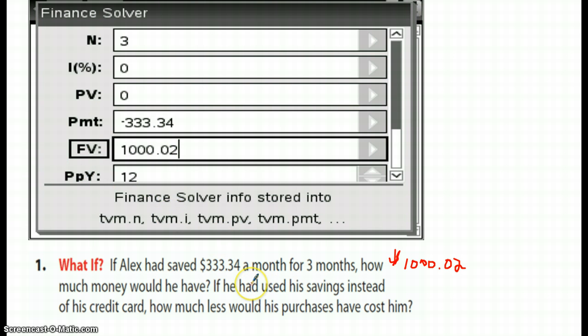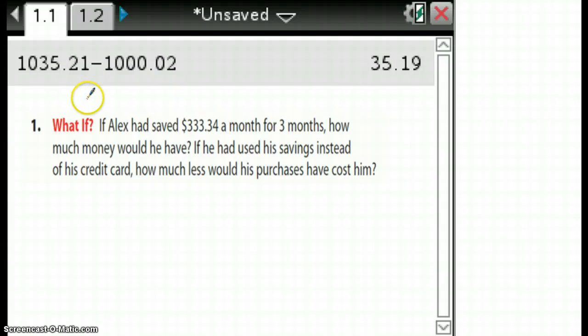Now we want to know if he had used that money that he saved instead of his credit card, how much less would his purchases be? So that means we're going to take what he did at first, what he spent, $1,035.21, with $35.21 being interest, and subtract the $1,002.